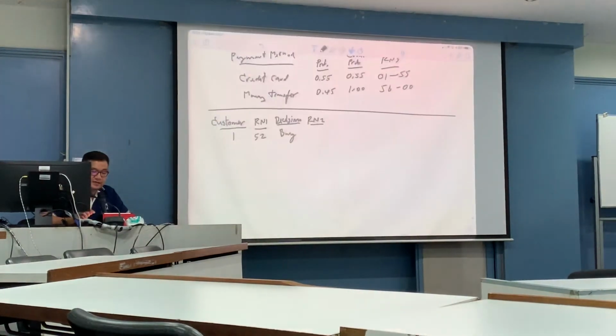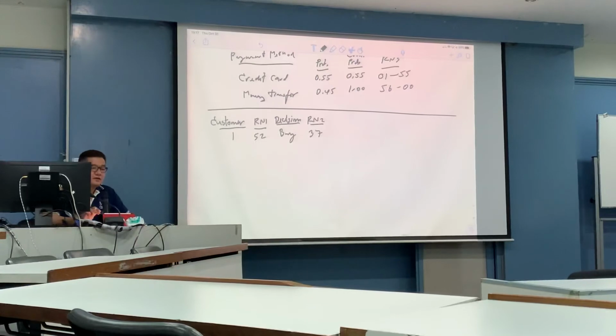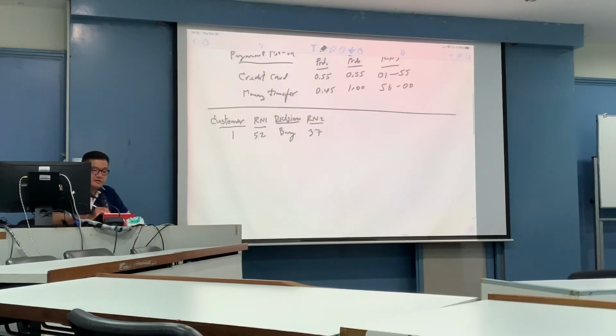In this case, Rn2 starts with 37. 37 is in the range of 01 to 60, so it is Africa. The package tour that they select is Africa. What next?